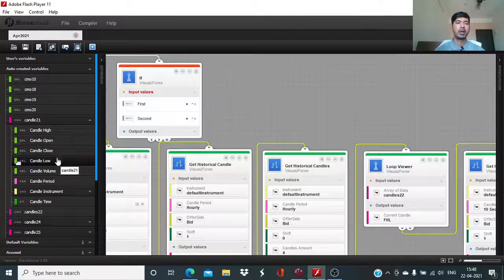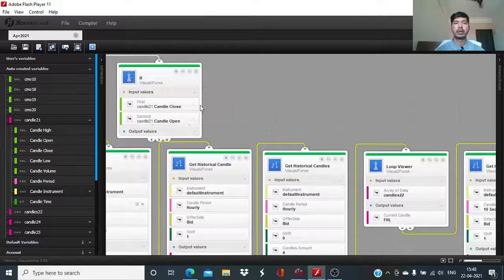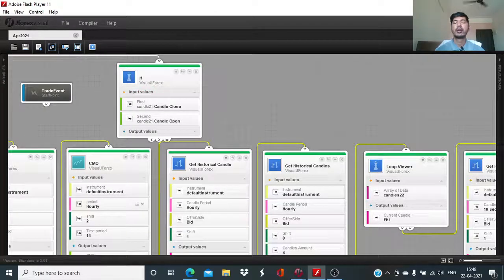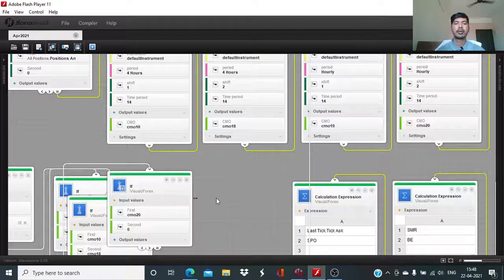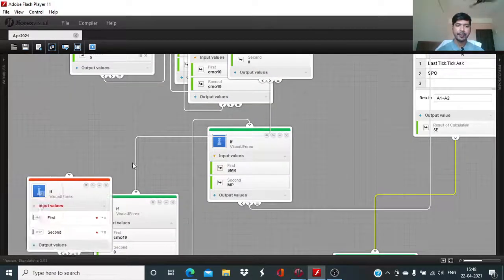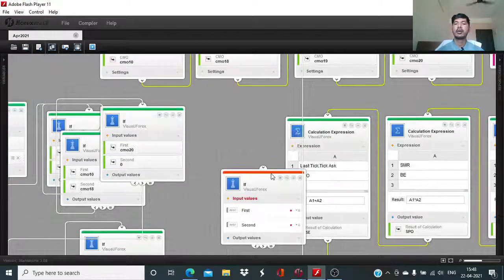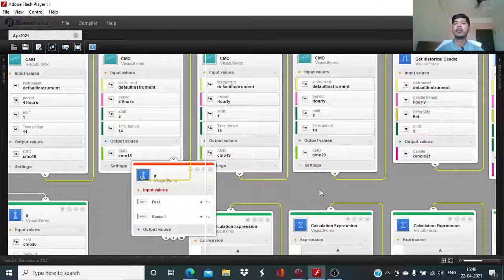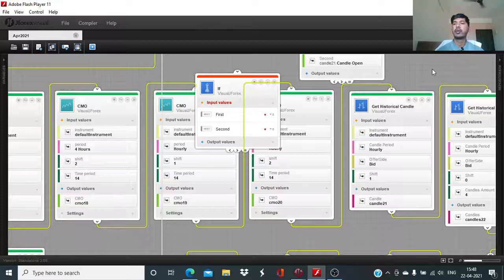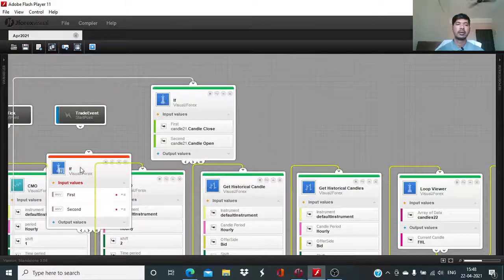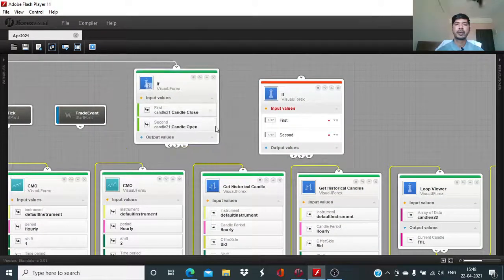Candle 21 close and open, first input less than second input. As I see, we have utilized all of these if blocks, and I think we will need one more of it. First input less than second input.